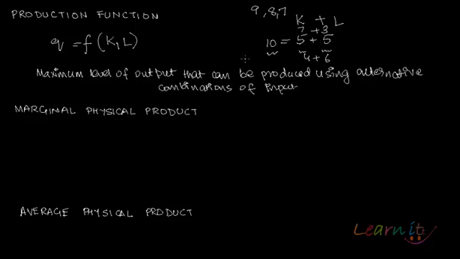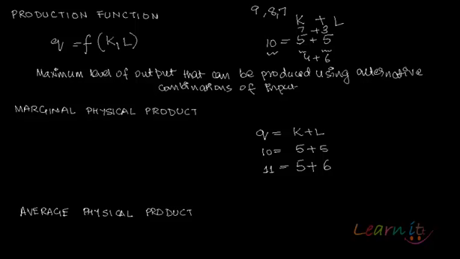And what exactly is the marginal physical product? Say you have this production function, Q is equal to this. You're using 5 units of capital and 5 units of labor, and it produces 10 units of output. Now say we fix capital at 5 and I increase labor to 6, so this gives me 11 units of output.